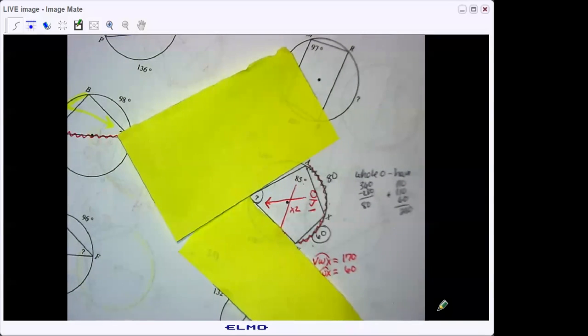What would it be? Good, awesome. This is a more challenging problem, but honestly, you know how to do it. You have all the knowledge to be able to do this. It's not 95. A couple people got 95.